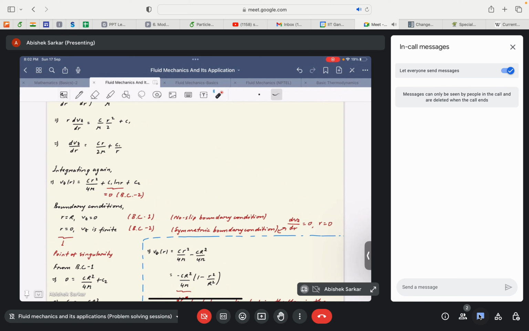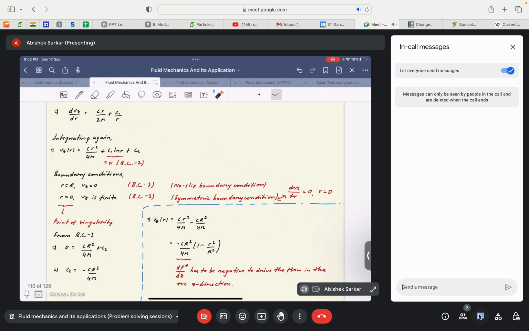So we are left with only the constant c and c2 from the second integration. The equation we are left to deal with is vz equal to c r squared by 4 mu plus c2.